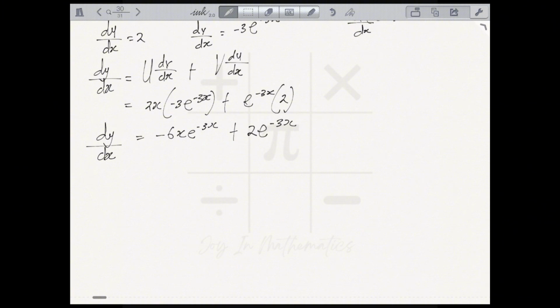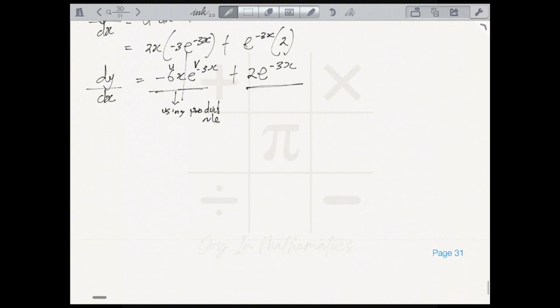Now we want to differentiate further to evaluate d square y dx squared. Now we can see that this can be differentiated normally, without any product rule or quotient rule. However, this must be differentiated using product rule. So we can call this our u and we can call this our v.